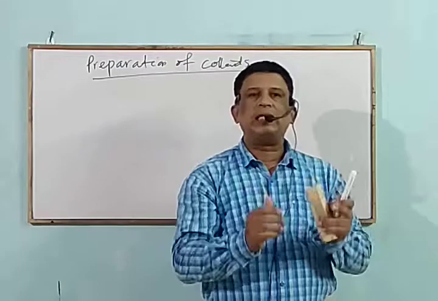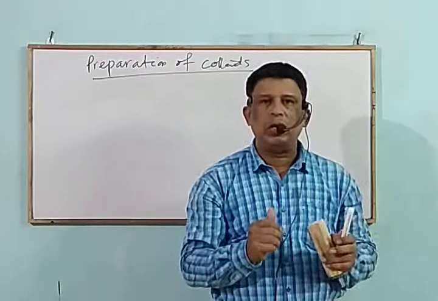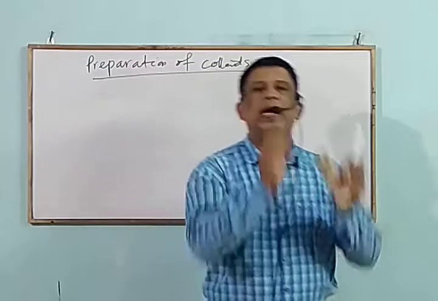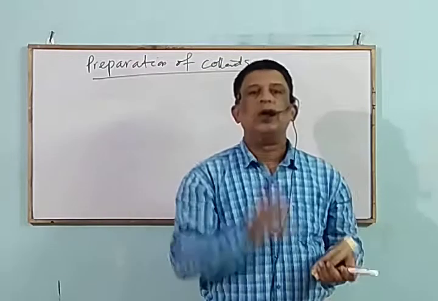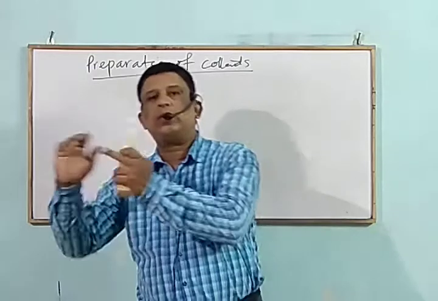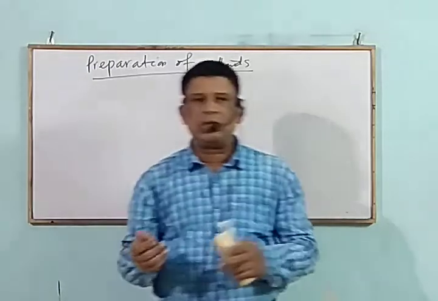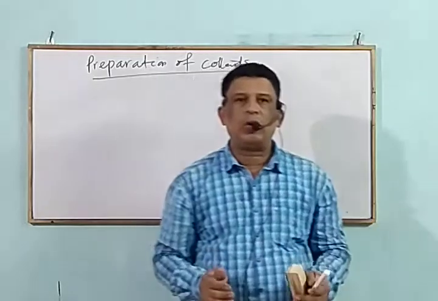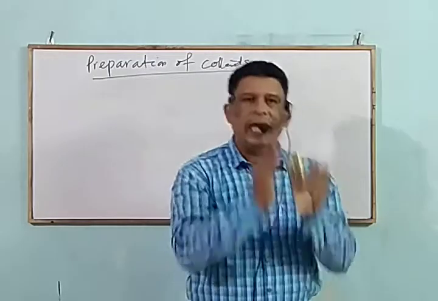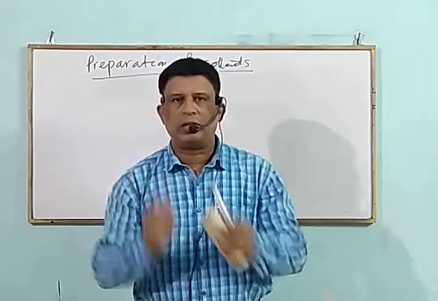The particle size of a crystalloid, the true solution, is between 1 to 10 angstrom, less than 10 angstrom, while the particles of a suspension are greater than 10,000 angstrom, while the particle size of a colloid lies between 10 angstrom and 10,000 angstrom.